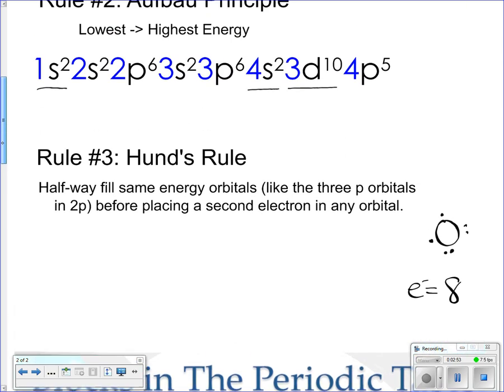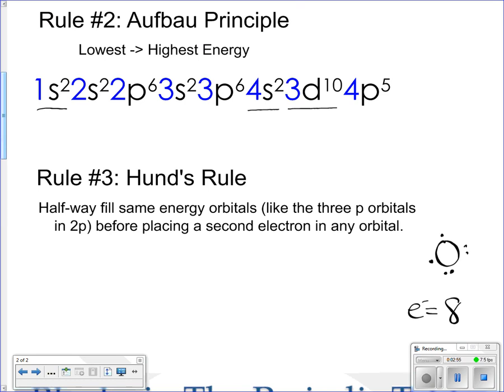Now, if we go back up here and look at the Aufbau principle, it states that the lowest energy level is 1s2. So our first 2 electrons will go in the 1s sublevel. And this superscript means that there are 2 electrons in this sublevel. Okay, so we've got 1s2, then we'll have 2s2.